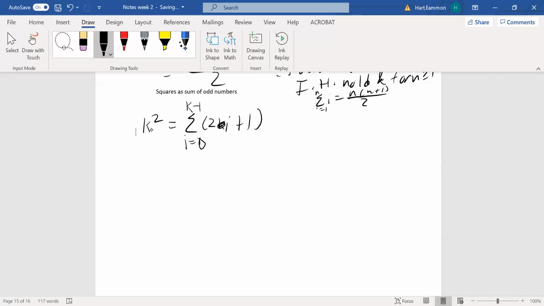This might look a little bit weird, but basically the first odd number is going to be 1, so I need it to look like this.